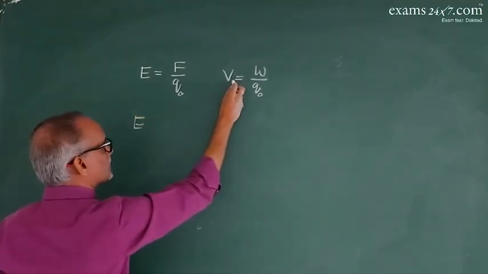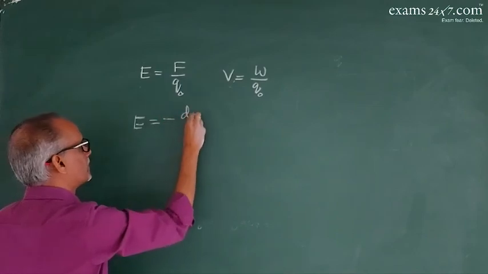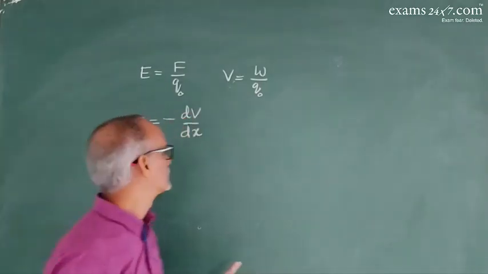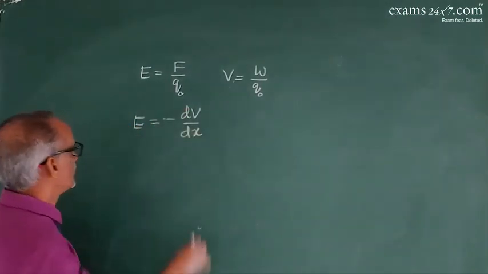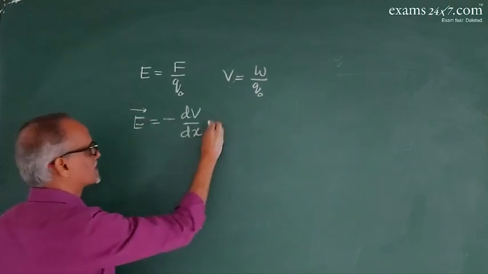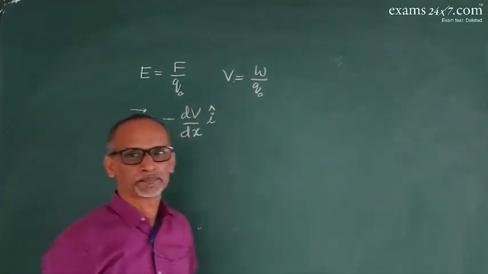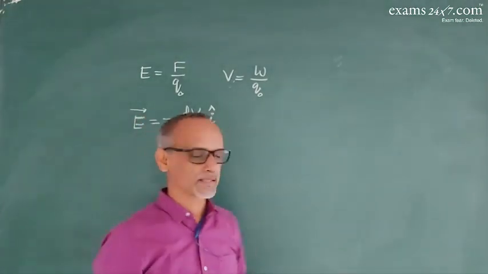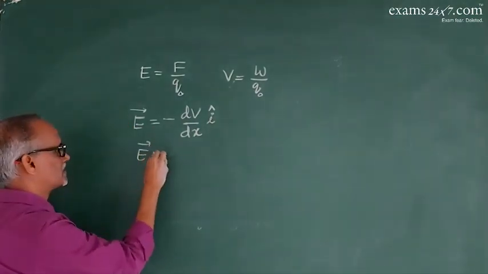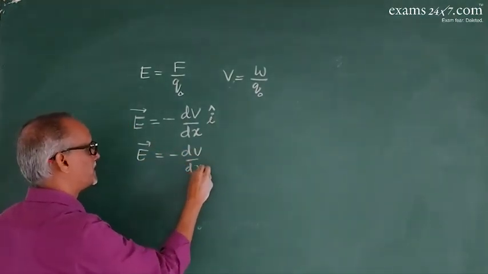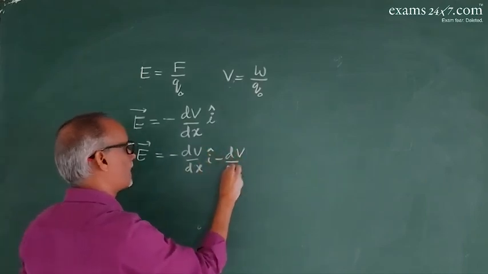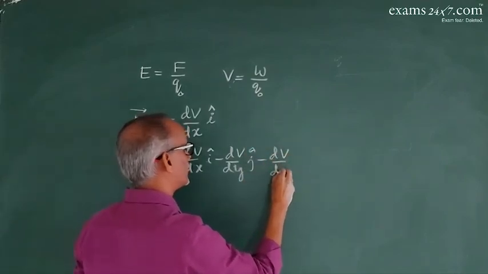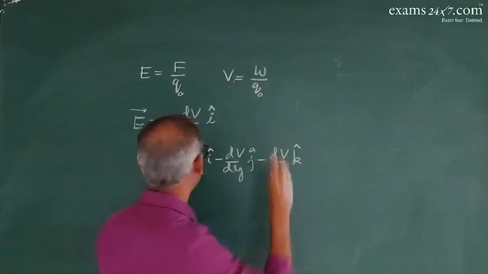If potential is given, then electric field is the negative potential gradient, minus dV by dx. And electric field is a vector. Since it is along the x-axis, we can introduce i cap. If the electric field has components along x, y and z, then we can write vector E is equal to minus dV by dx i cap minus dV by dy j cap minus dV by dz k cap.